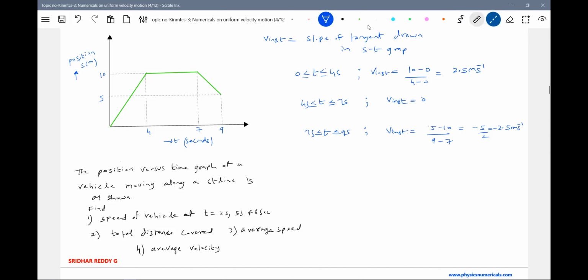So how does that motion occur practically? This is very important. Let's start like this. First, it will cover a distance of 10 meters. Then afterwards, it will start moving in the reverse path.